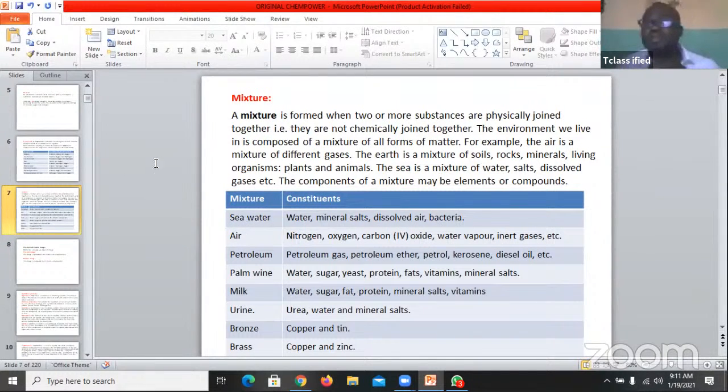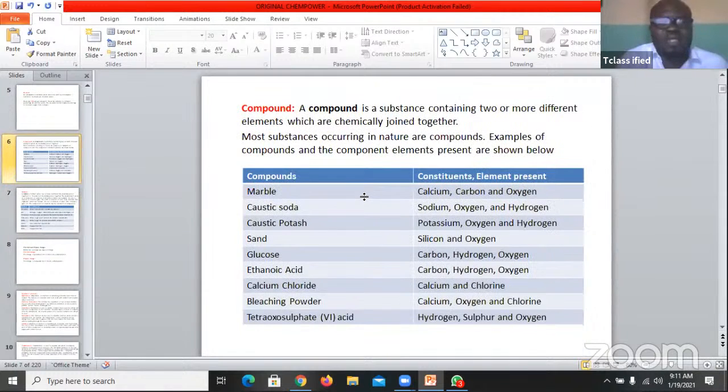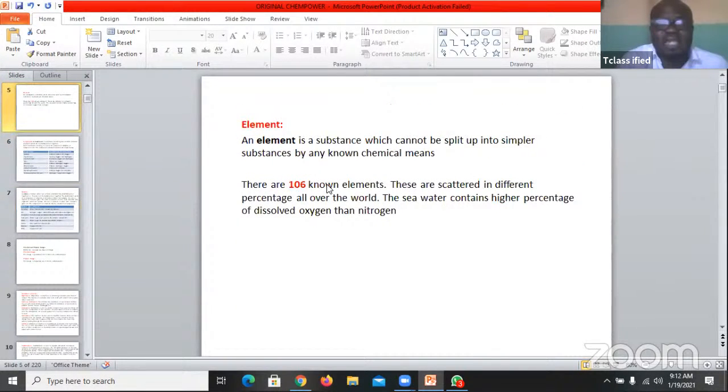So these are famous mixtures that can be separated using separation techniques. Whereas these are the compounds which you don't use separation techniques to separate. If you want to work on a compound, you're going to be using a chemical process. You're going to be conducting reactions. Whereas elements are those substances that cannot be split into simpler substances.